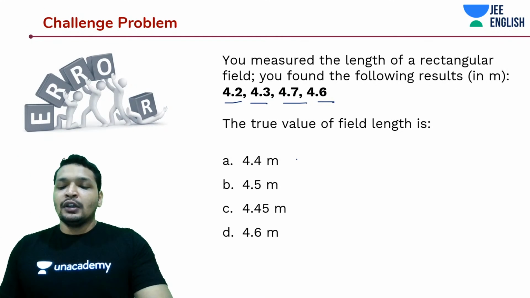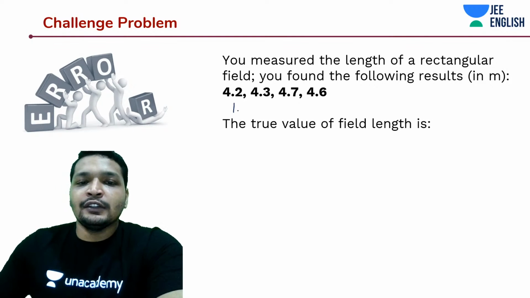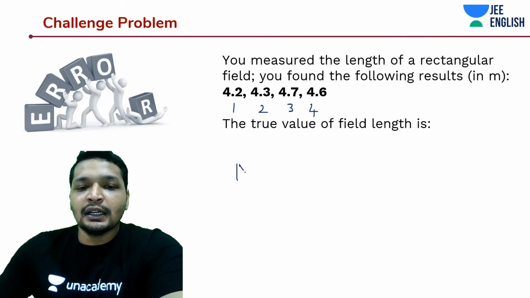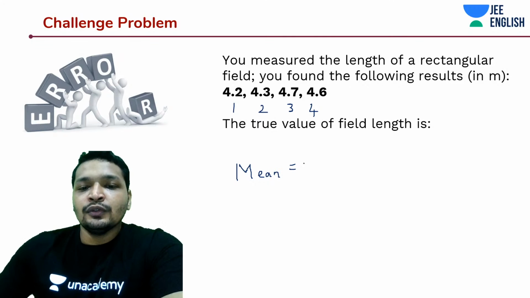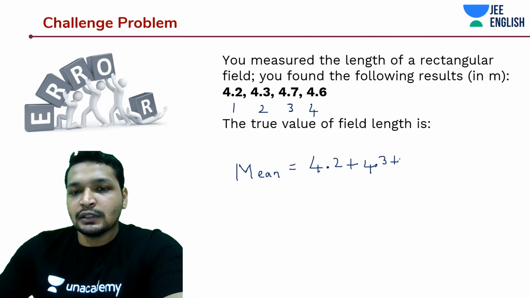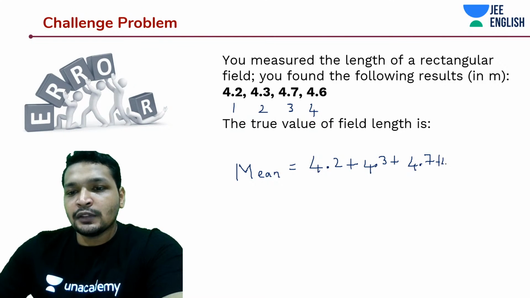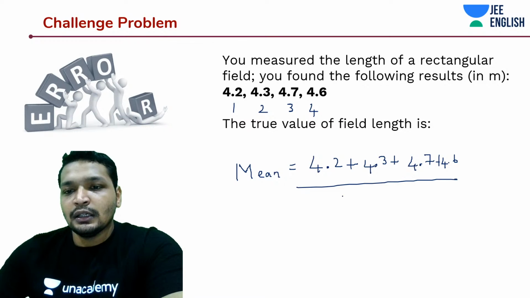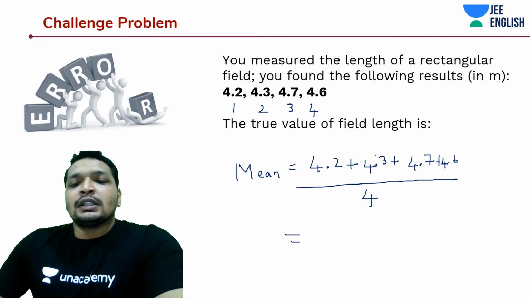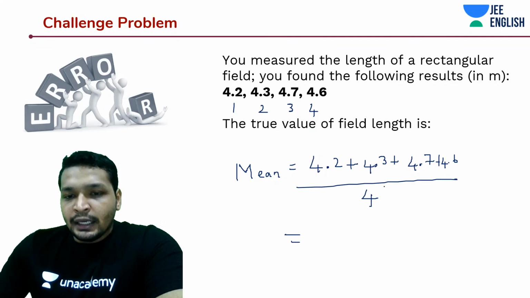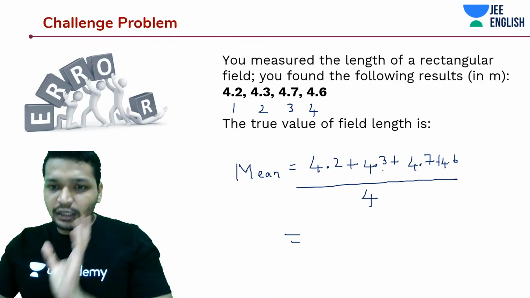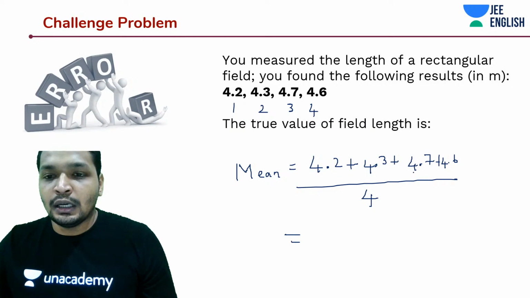I'll start working on this. The mean of 4 values, only 4 values are there, 1, 2, 3, 4, so our calculation should be simpler than earlier. The mean is equal to 4.2 plus 4.3 plus 4.7 plus 4.6, divided by 4. 4.2 and 4.6 added give 8.8, and 4.3 and 4.7 added give 9.